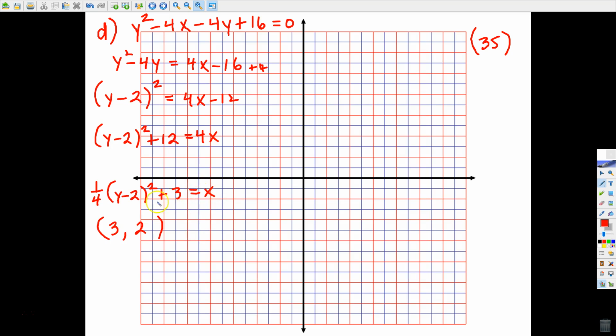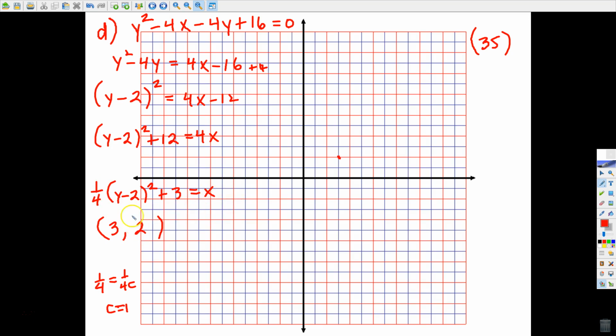So this should be a parabola that opens to the right from the point 3, 2. Okay, so I'm going to go ahead and plot 3, 2. And let's come up with our focus and directrix. If we do the absolute value of A is 1/4c, that makes c is 1. And since this parabola opens to the right, it's solved for x, and the A number is positive.